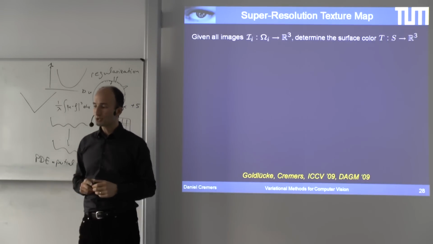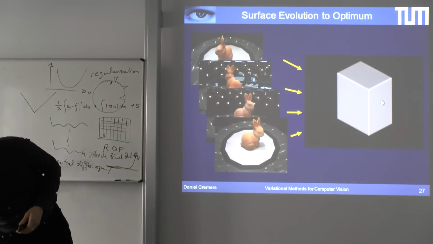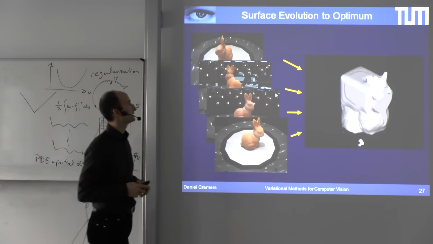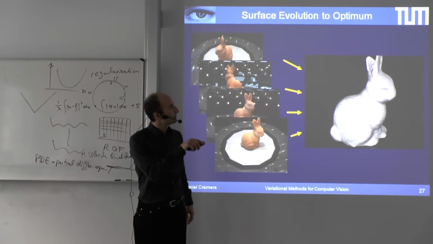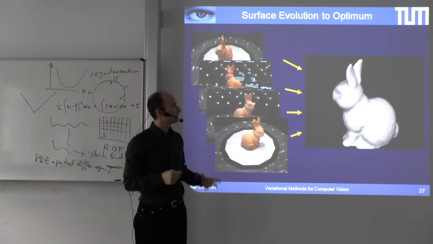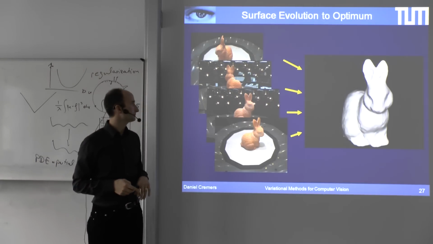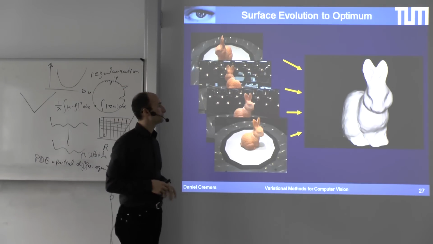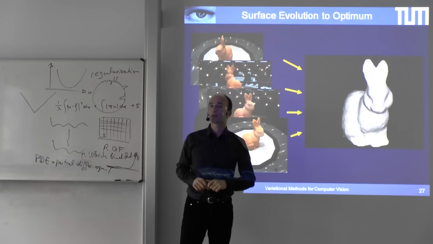But as you saw, we can reconstruct geometry at a fairly good level of detail. Here's the rabbit, the reconstruction. Fairly good means you don't have the structure in the eyes, you don't have the details in the fur, but it's okay. One of the things you can do to at least improve the visual appearance of the model, the question is always, what do you need the 3D models for?